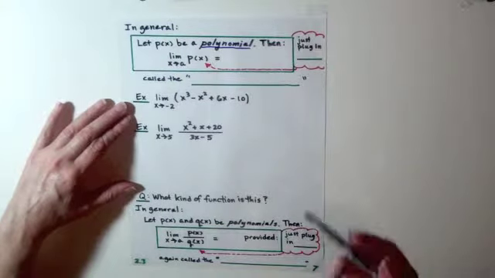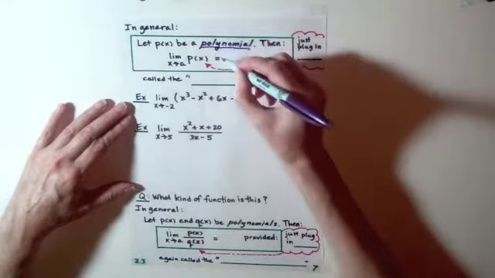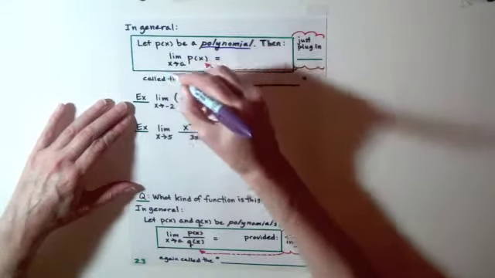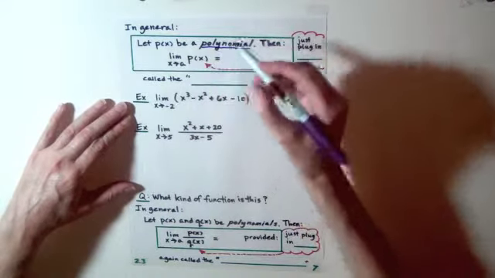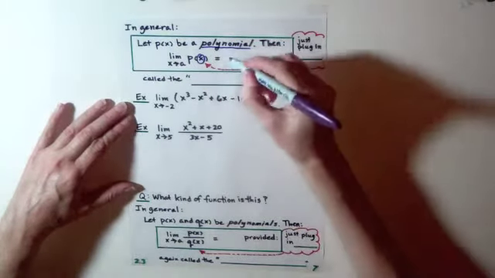But in the end, we would end up with constant multiples times limits of powers of x, and we know that we can find the limit of a power of x by simply replacing x with the number that it's getting close to. So in the end, we could find the limit as x goes to a of any polynomial by simply replacing the x in the polynomial with the number a.